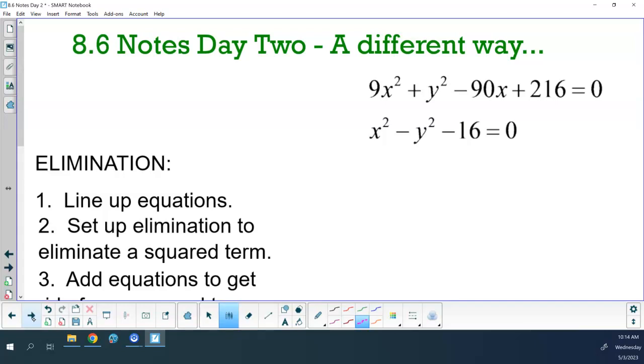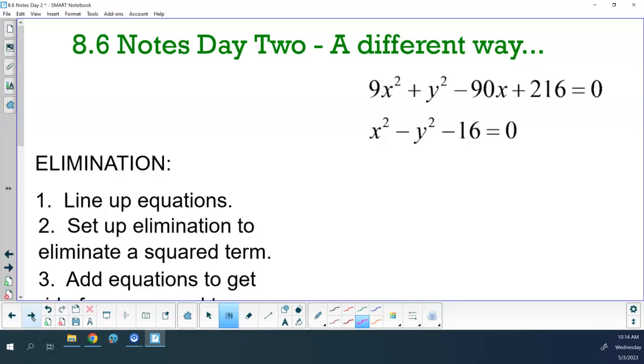We solve conic versus conic using elimination. When you have conic versus line, you solve that one with substitution. Okay? Write that down. Conic versus line, solve with substitution. Conic versus conic, solve by elimination.